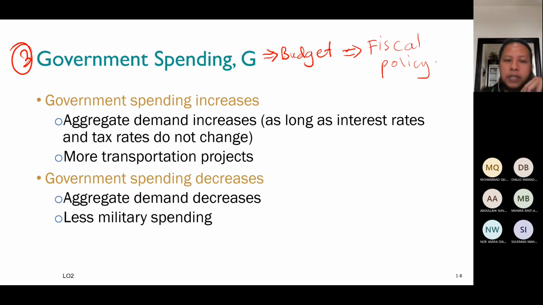Okay, and what this does is basically when the government spending increases, this will increase aggregate demand. Okay, because this is a component of aggregate demand.